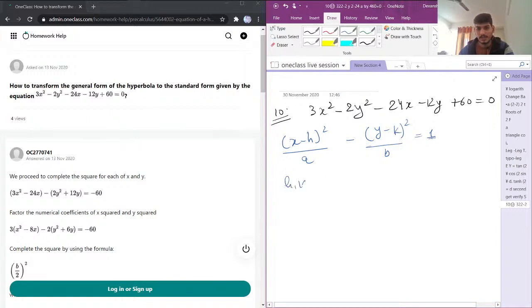Here h and k are the center coordinates of the hyperbola.